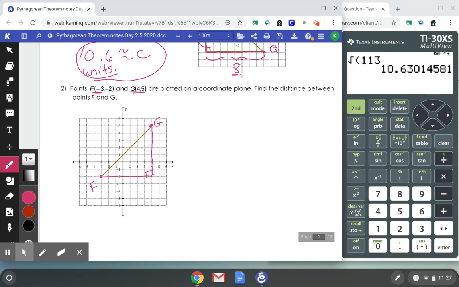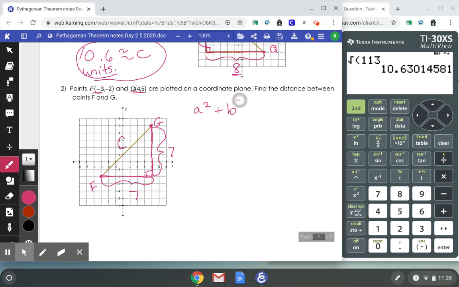Now I can find the length of this side by counting the boxes, and the length of this side by counting the boxes. So I go over 1, 2, 3, 4, 5, 6, 7 units. And I go down 1, 2, 3, 4, 5, 6, 7 units. Those are my legs, and I'm looking for the hypotenuse, or c.